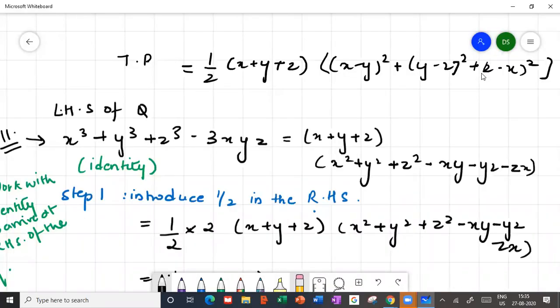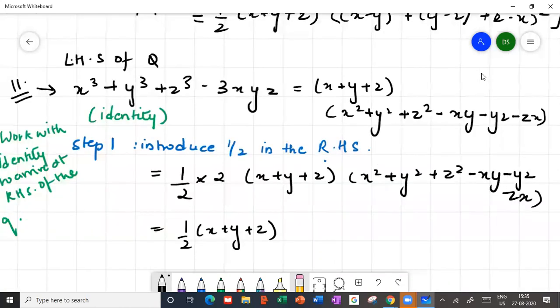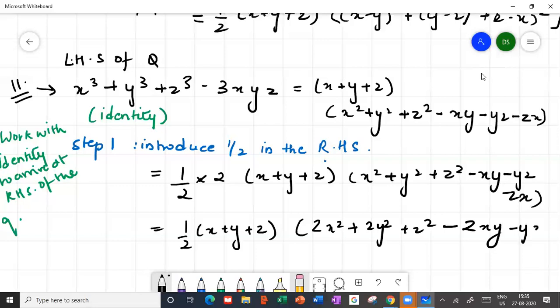Okay, so now I think you should know what will happen. If I multiply 2 inside this, what will happen? It will be 2x square plus 2y square plus 2z square, correct, minus 2xy, minus 2yz, minus 2zx.